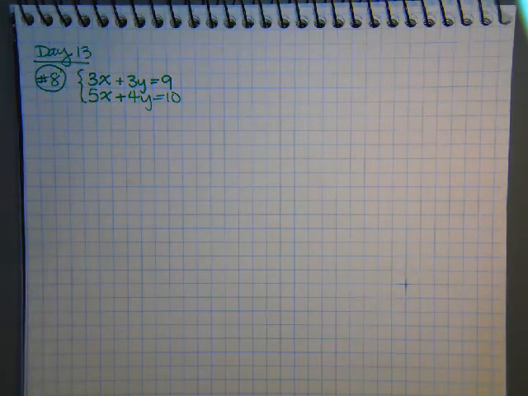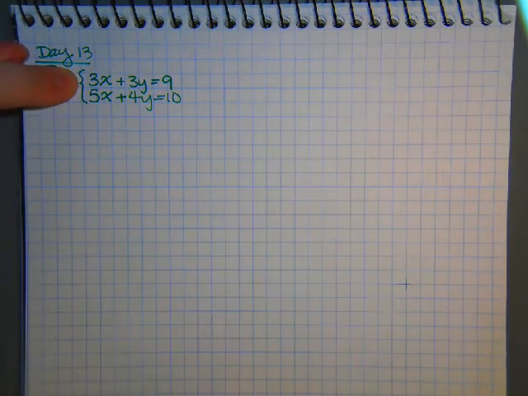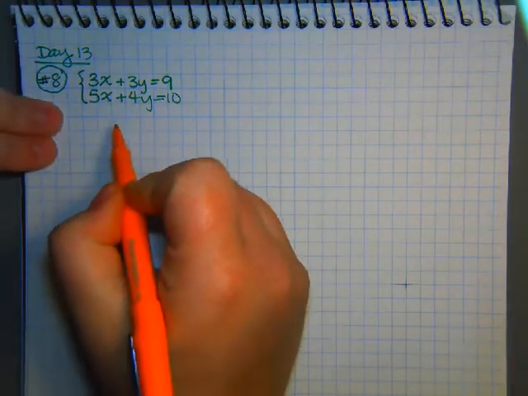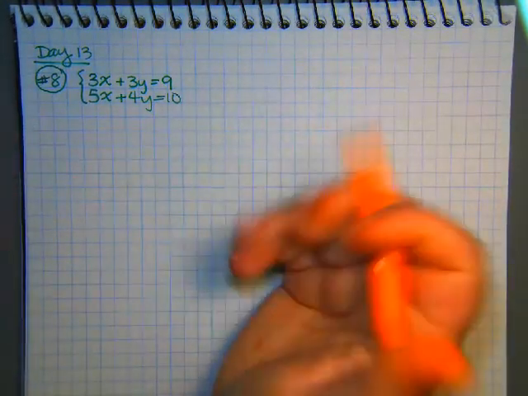So when this happens, what we have to do is multiply the equations by something first so that we can add them together or subtract them and they will go away. So what I'm going to do is first decide what do I want to go away. Do I want the x's to eliminate or the y's to eliminate?